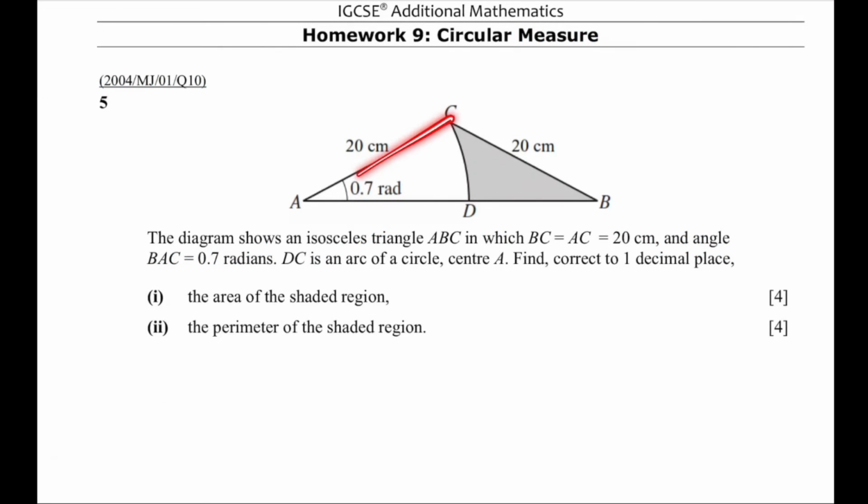Question 5, we have an isosceles triangle, same length, same angle. So this will be 0.7 as well. Meaning you can find the angle here as well, right? Because you have 180 minus 0.7 minus 0.7. 180 is pi in radian.